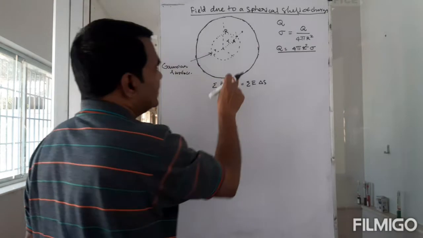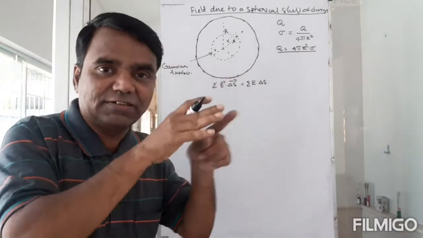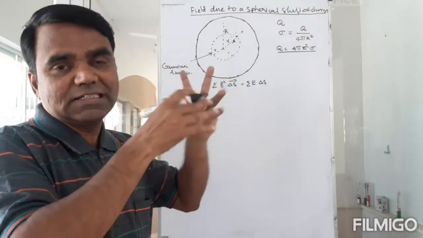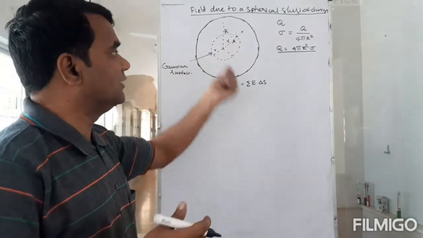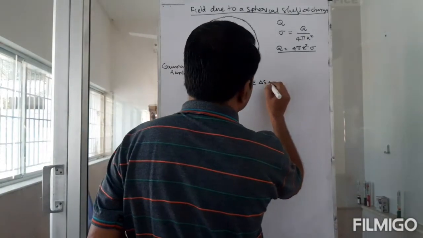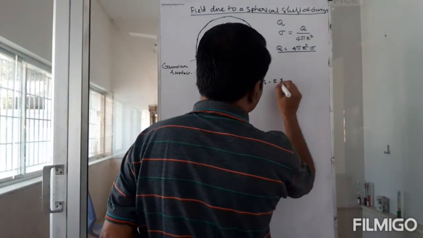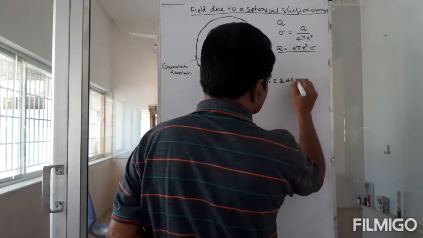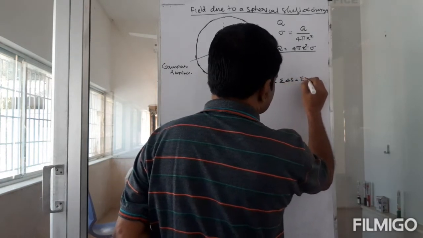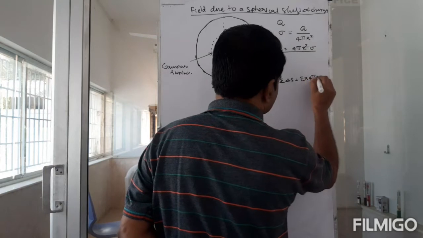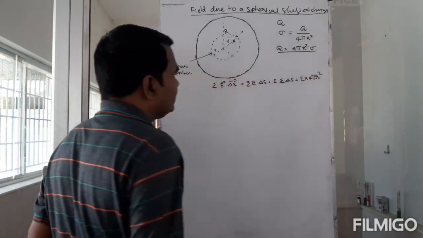Now I can remove the vectors because they are aligned. That E and delta S will be aligned similarly for all these small areas. So that would give me E times the sum of delta S, and that would be E into 4 pi r squared.